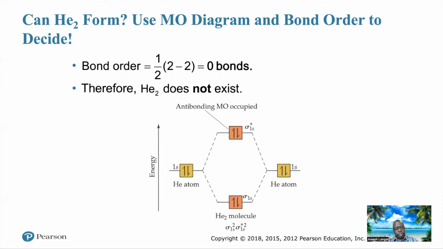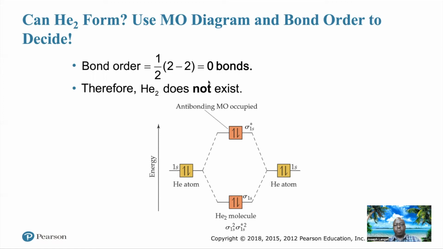Using He2, that is helium, just showing as if helium is diatomic, it turns out that there is no bond, which means there is no molecule such as He2. If we plug in this equation, this is the atomic orbital for helium. Helium has 2 electrons, and we assume that we have diatomic helium. Bonding electrons here, 2, that's where the 2 comes from, minus the 2 antibonding, gives 0.